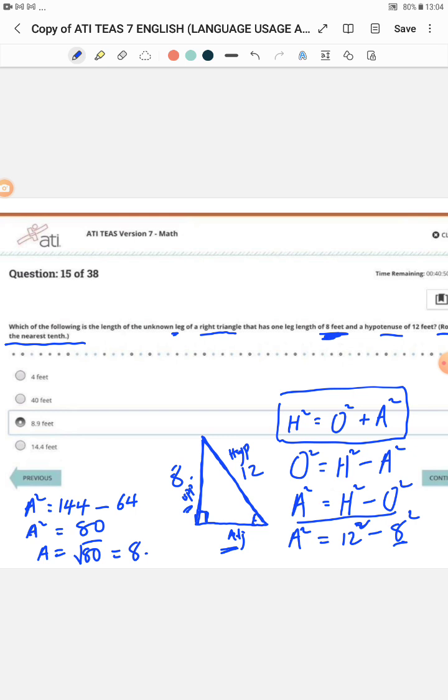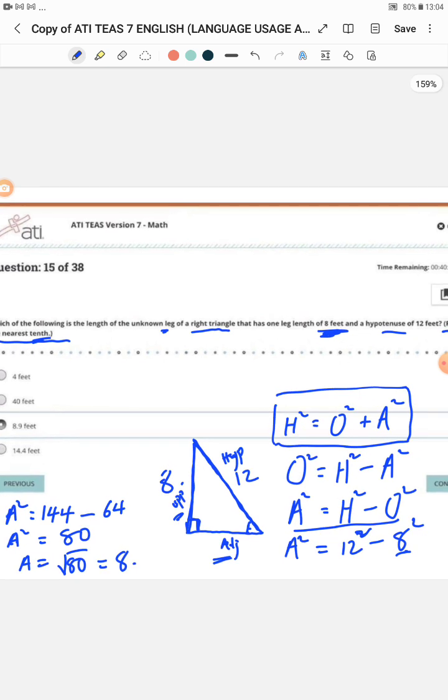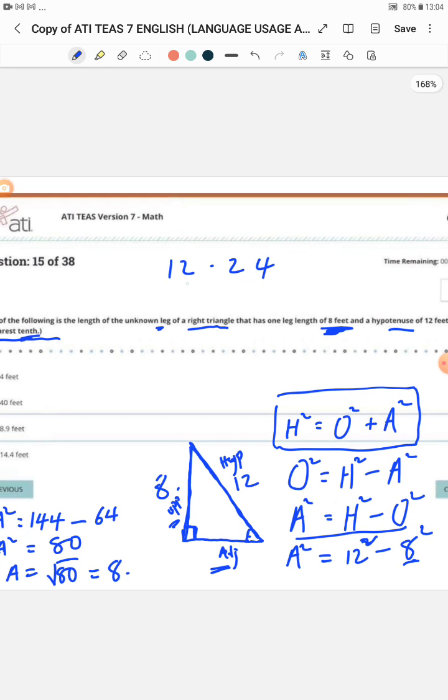And they have said to the nearest tenth. Tenth means that if you have something like 12.24, and you deal with place value, this is the ones, this is the tens, this is your tenth, and this is your hundredths.